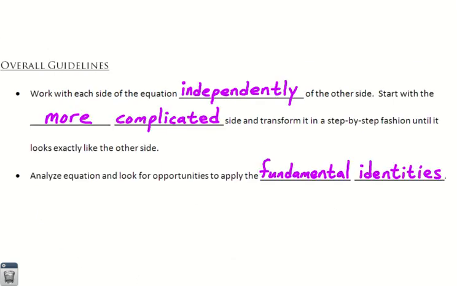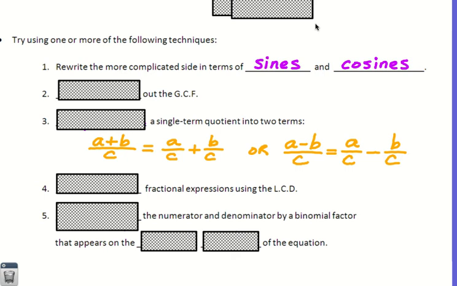We just said that. So you're going to be looking to use the reciprocal identities or the quotient identities to rewrite everything in terms of sines and cosines. Unless you see a really nice opportunity to use one of the Pythagorean identities. And it would probably be a better idea to leave it, like we saw before, as tangent squared for another couple steps in order to use a Pythagorean identity instead.